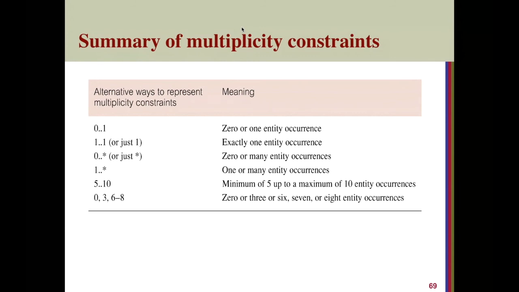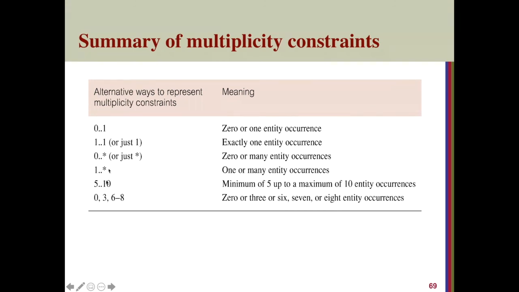Okay. So some notations and their meanings. 0 dot dot 1, it means minimum, it was 0. Maximum, it is 1. 1 dot dot 1, it means exactly 1. It cannot be less than 1, it cannot be more than 1. 0 to many, it can be minimum 0. Maximum, it can be 1, 2, 3, 4, 5, any number.